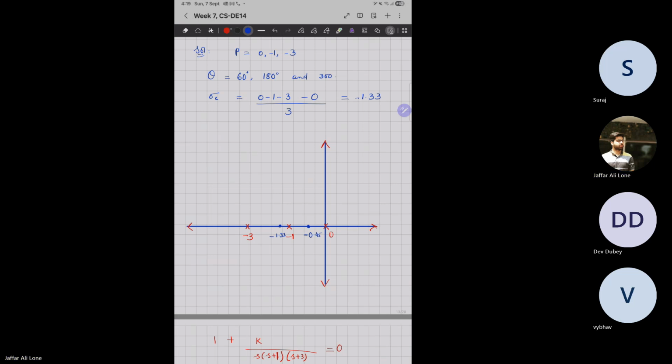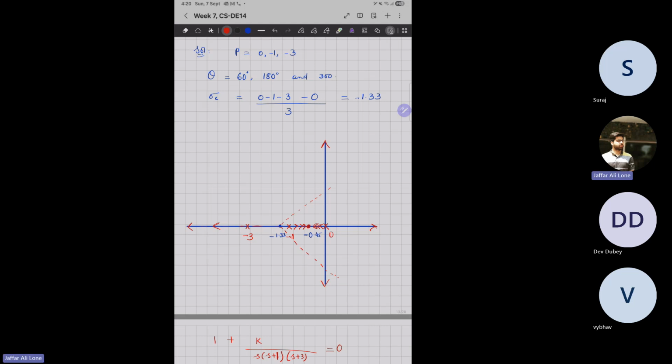Now see, at the centroid, I'll first plot the asymptotes. This is my 60. This is my 300. And this is my 180, right? So see, my root locus will come like this, come like this, come like this, and from here, it will break away.